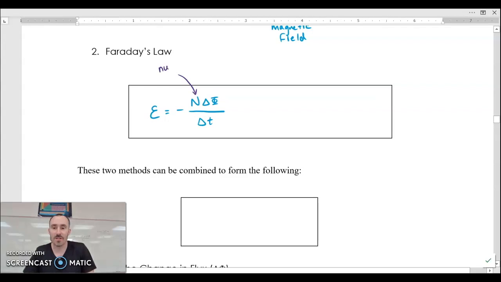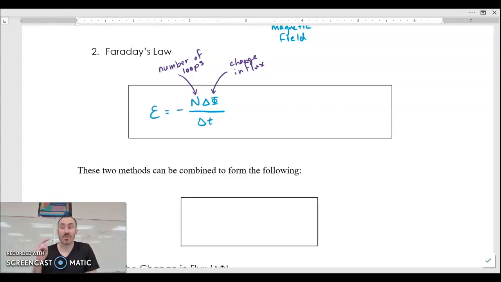So this is the number of loops. This over here is the change in flux. And remember, the change in flux comes from the changing magnetic field strength, or the change in area, or the change in angle.